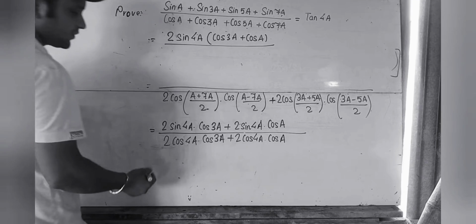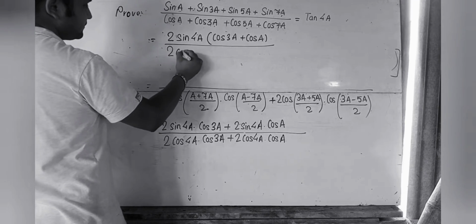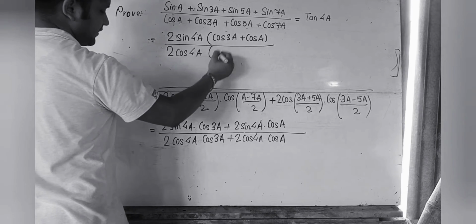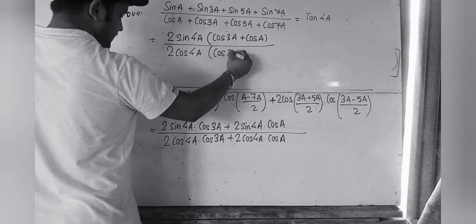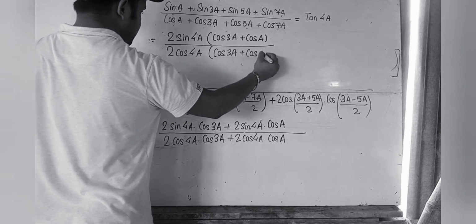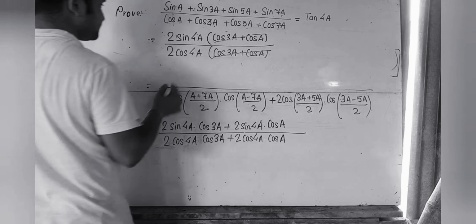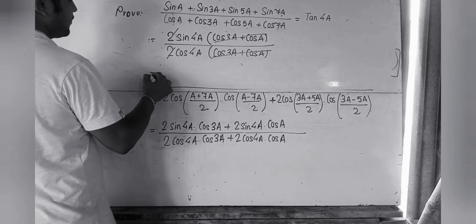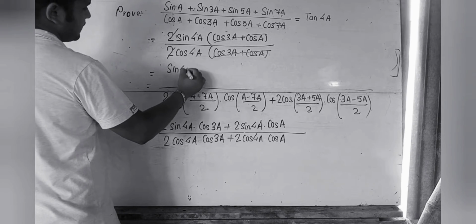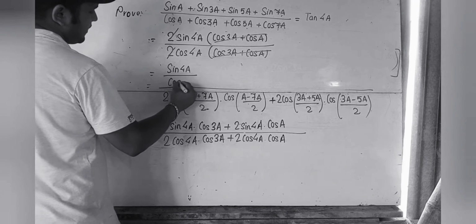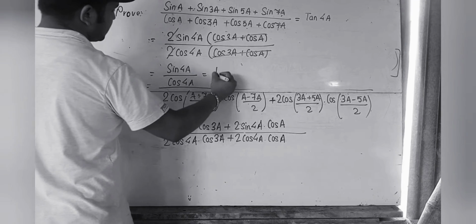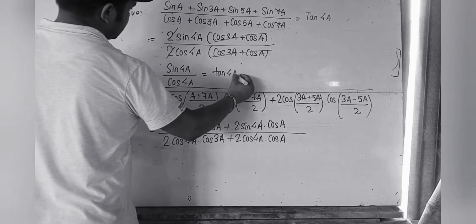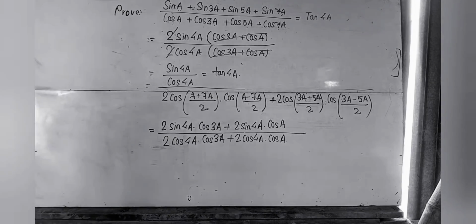Now in the denominator also we take 2 cos 4a common. After taking it common, what you have left is cos 3a plus cos a. Now we can cancel these two terms. We can cancel 2 and 2. Now what we have left is sin 4a by cos 4a, which equals tan 4a. So we solve our problem in this way.